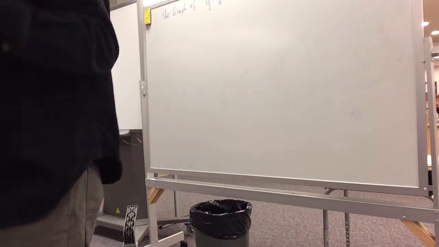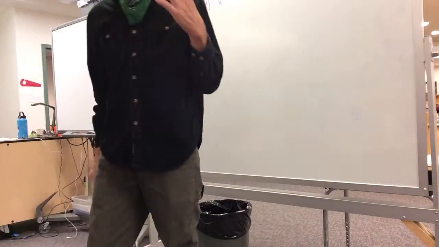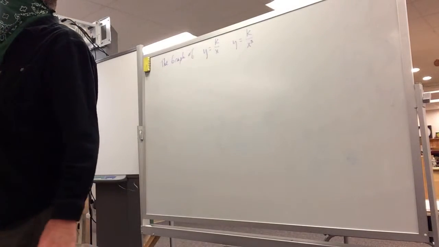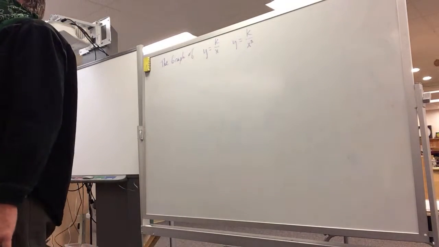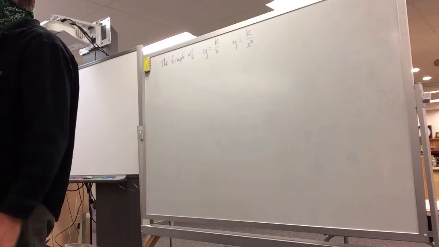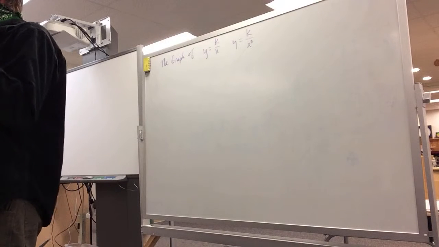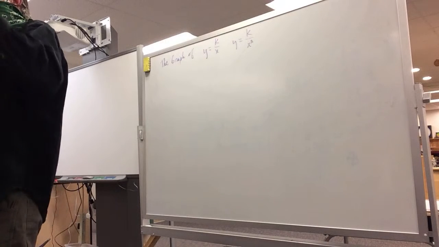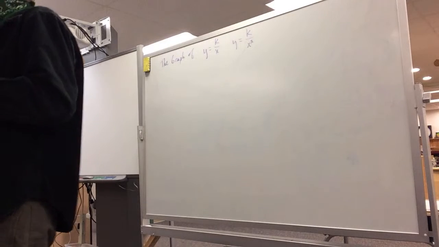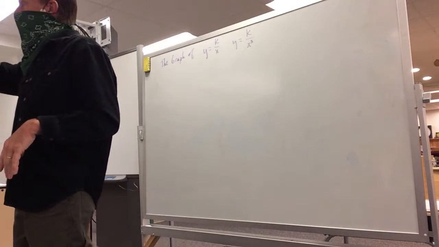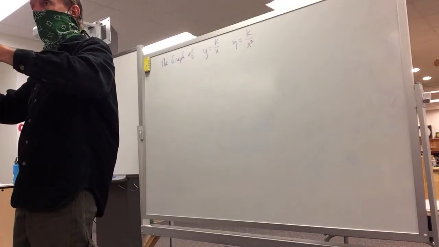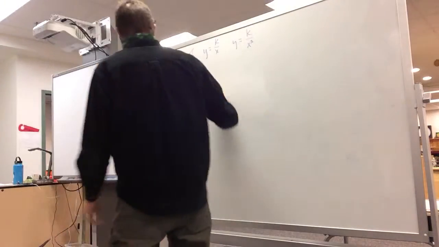With an inverse function, the idea is that as your input goes up, your output goes down, or vice versa: as your input goes down, your output goes up. So the values go in opposite directions. If you look at a table of values, as one column is increasing, the other column is going to be decreasing with these types of functions.